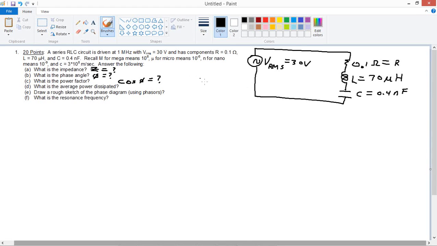And of course, in our phasor diagram, this makes infinite sense. Here's our phasor diagram. So this is the reactance of the inductor, reactance of the capacitor. Resistance is the reactance of the resistor. The hypotenuse is the impedance.